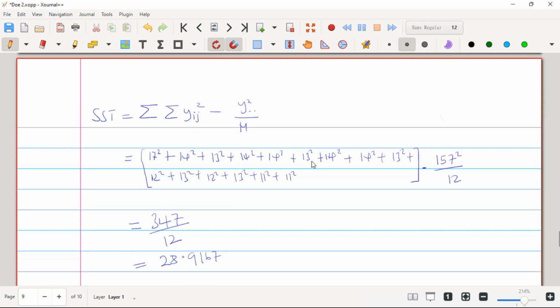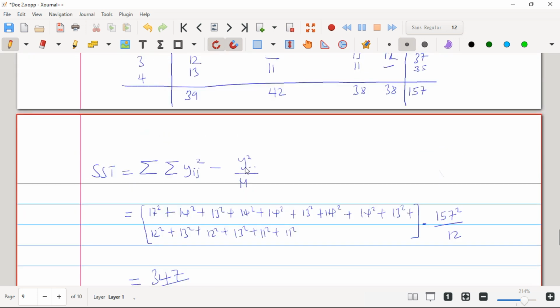Once you square them, then you subtract from what? The y dot dot, sorry. The y dot dot is what I told you is 157, right? So 157 all squared divided by our n, right? Our n is given by bk, or you can use ar.